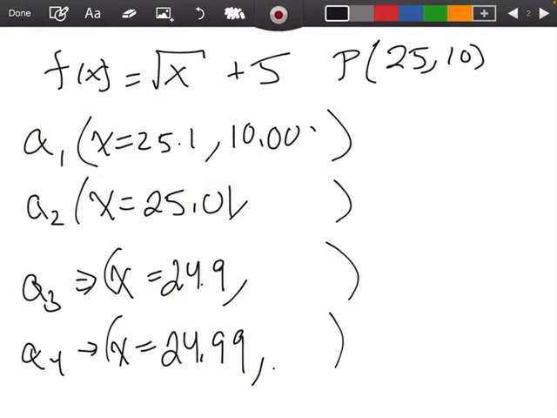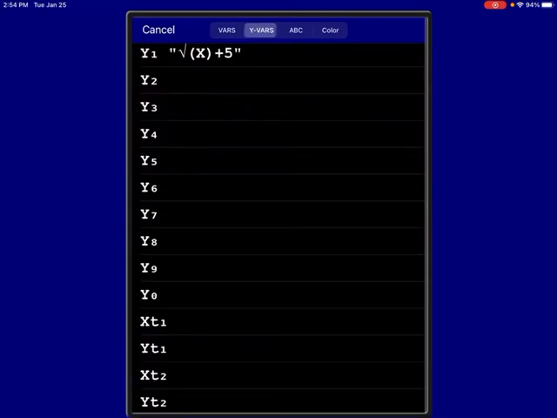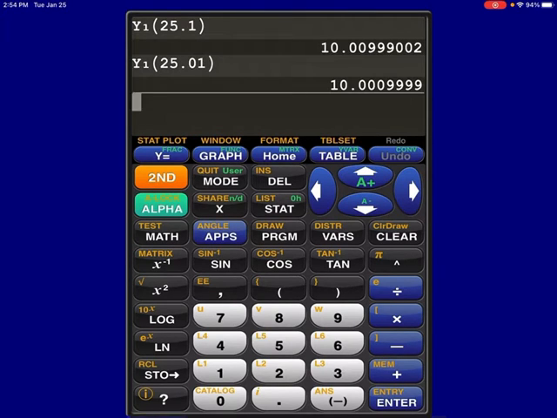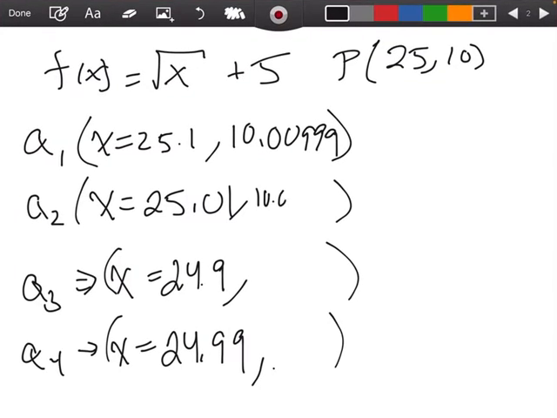1, 2, 3. Okay, let's do the same thing. So vars, we're going to evaluate this at 25.01. 10.00, 3 zeros. Okay, 10.1, 2, 3, and then I think it was 4 nines.